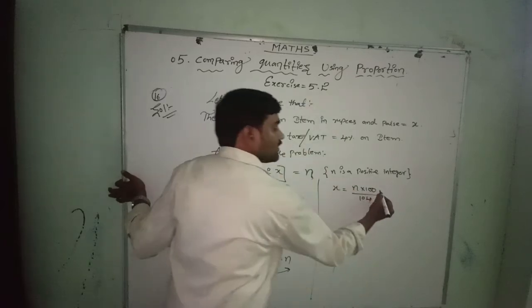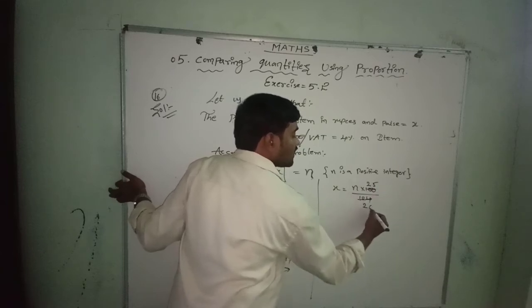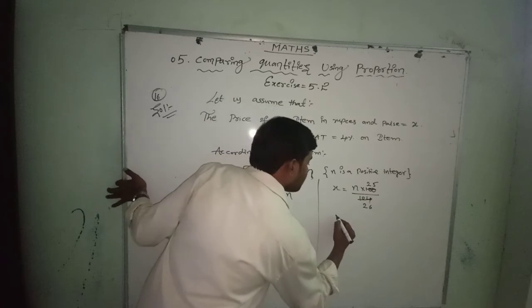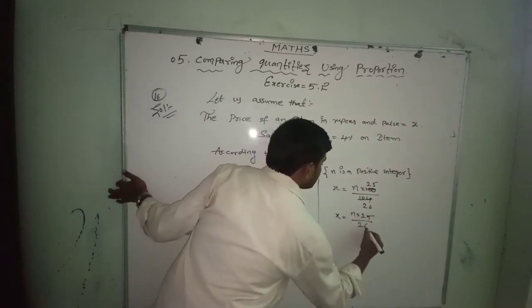So in the 4 table, let us cancel. 4 2s are 8, 2 left, 4 5s are 20, and this is 4 26s are 104. So exactly you got x equal to n into 25 by 26.